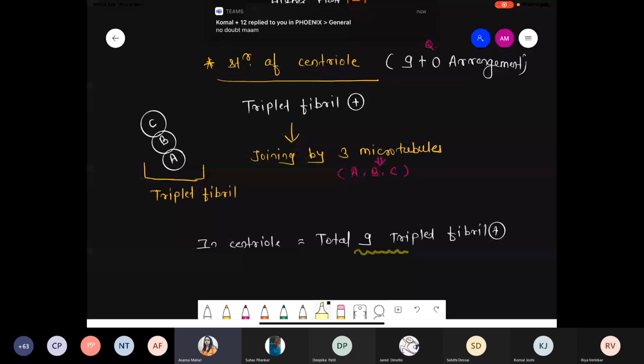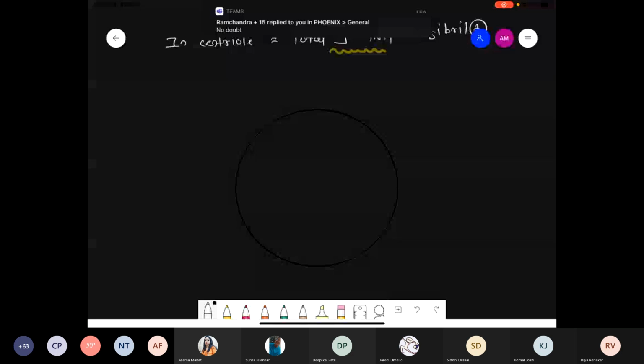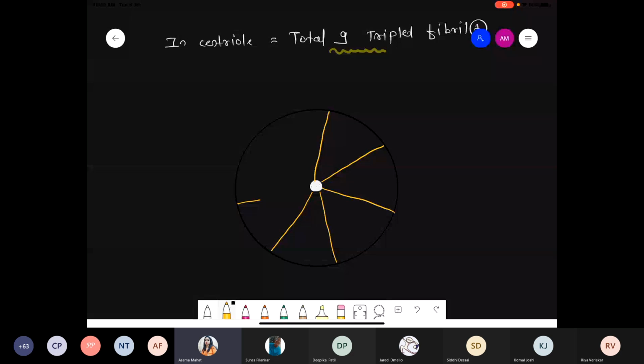Next part, we are taking the structure. I just draw some hypothetical boundary actually, so we'll get some idea. And for triplets, we have to draw a total of 9 compartments.